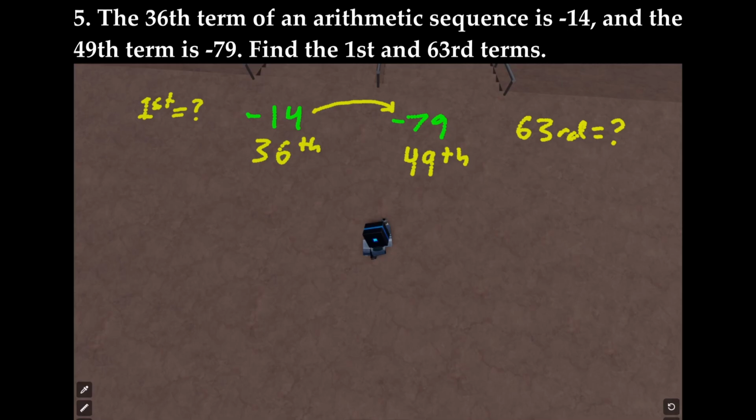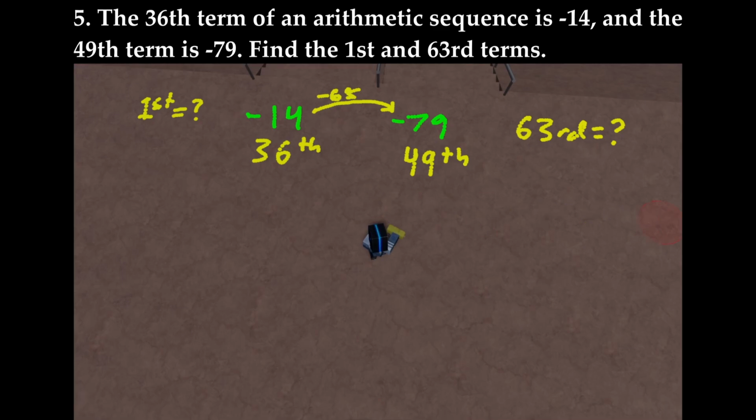To find that distance, just do negative 79 minus negative 14. And if you do negative 79 minus negative 14, that's the same as adding positive 14. So negative 79 plus 14 is negative 65. So basically, to go from negative 14 to negative 79, you have to subtract 65.